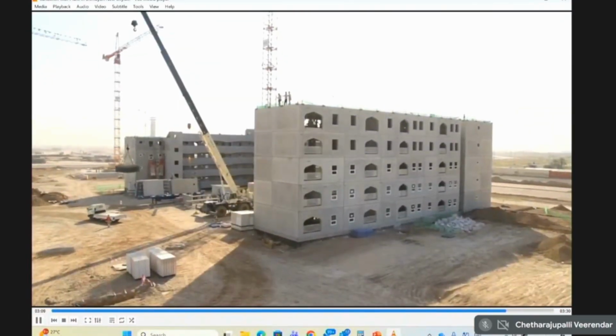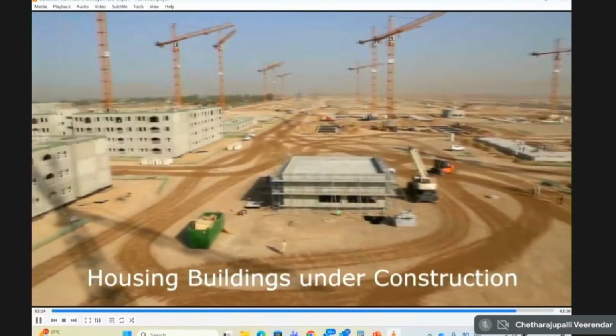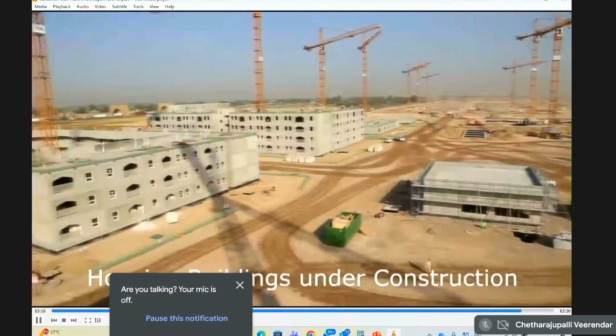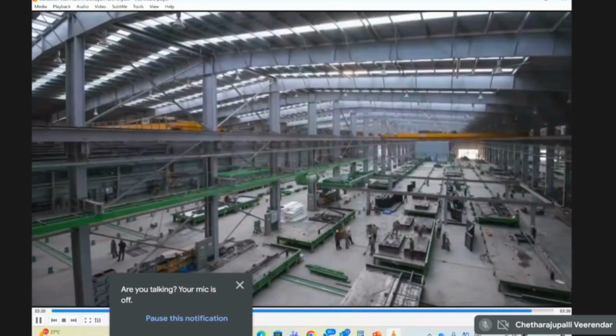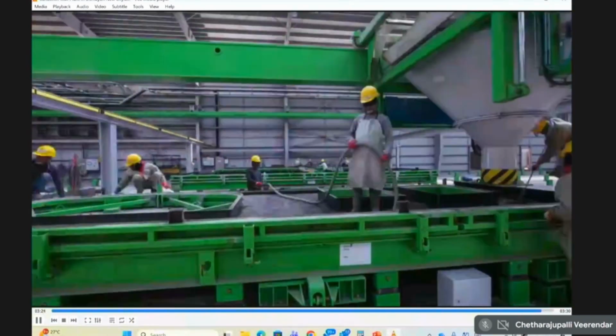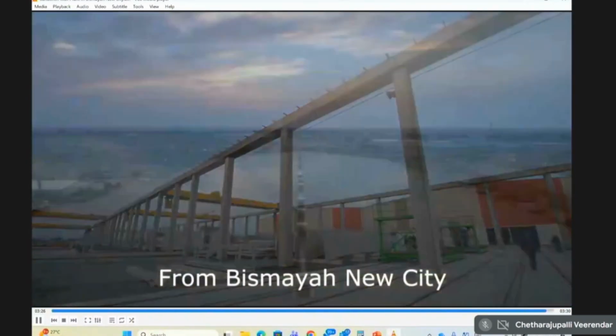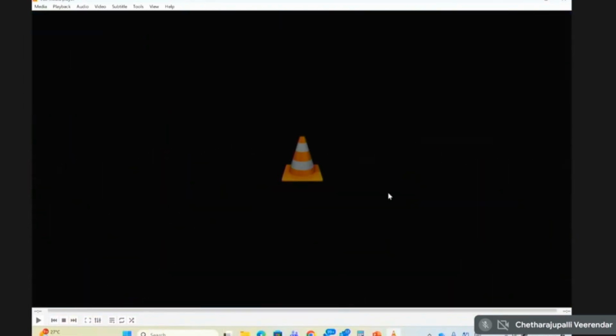And it is all followed by using a software system which keeps track of each and every element, where it is produced, where it is lying in the stockyard, and how it is going to be erected at what point, in which building. This was a mega project done in one city called Bismaya city in Iraq.